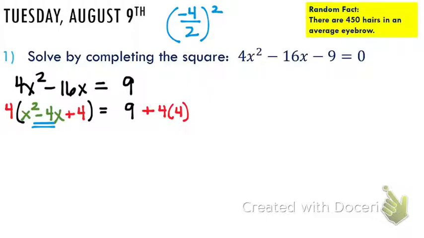All right. So now let's factor this down. Two numbers that multiply to be 4 and add to -4. We need the -4 divided by 2 squared, the b over 2 squared.